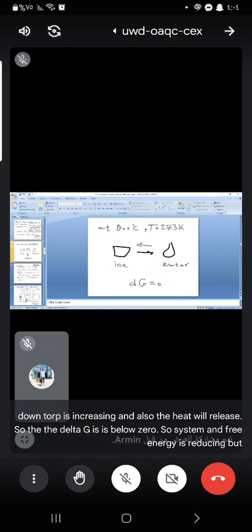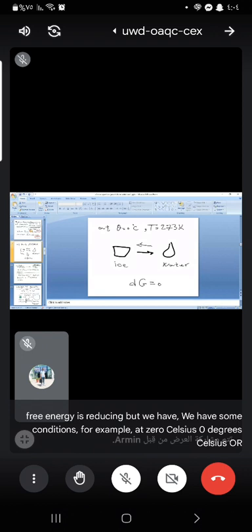But we have some conditions. For example, at 0 degrees Celsius, or 273 Kelvin, and at 1 atmosphere, ice and water are in equilibrium.